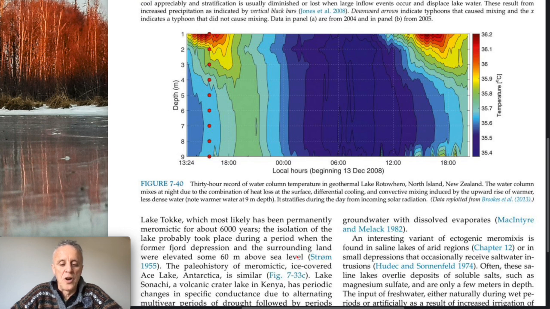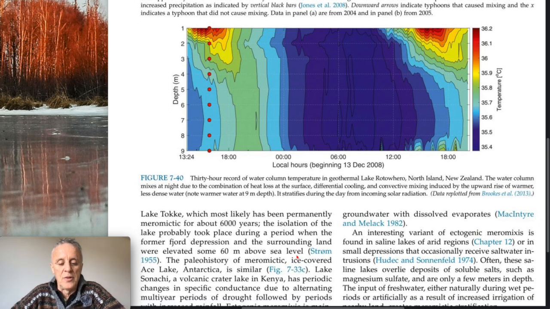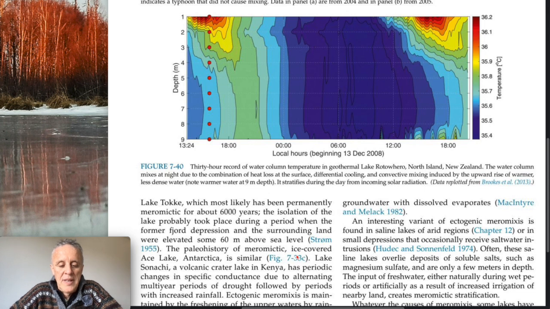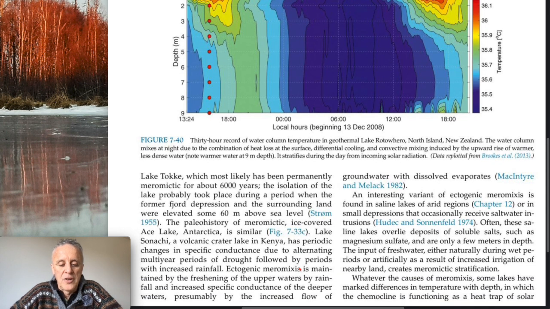The isolation of the lake probably took place during a period when the former fjord depression and the surrounding land were elevated some 60 meters above sea level. The paleohistory of meromictic ice-covered lakes in Antarctica is similar.